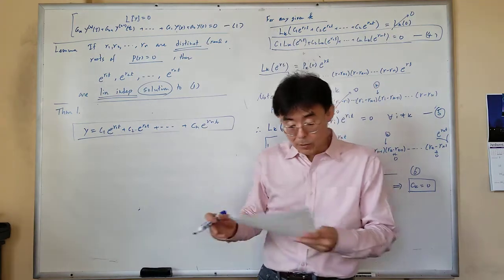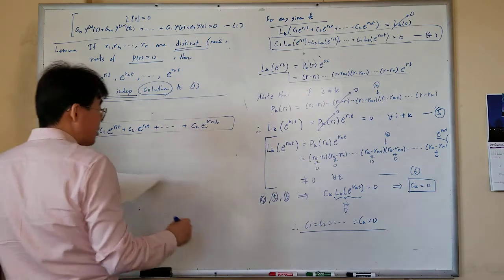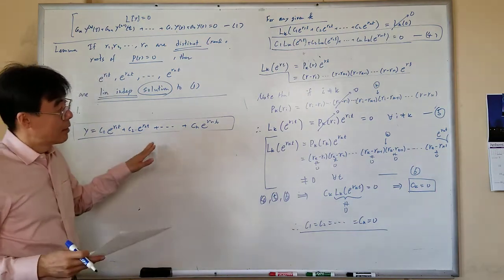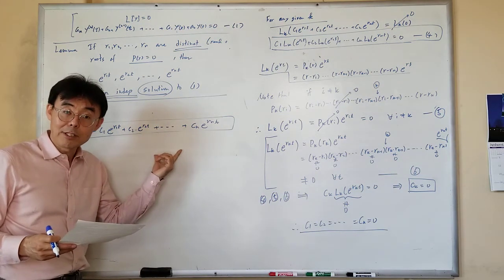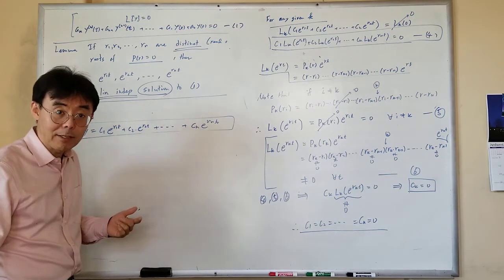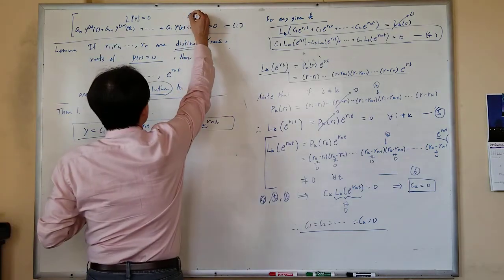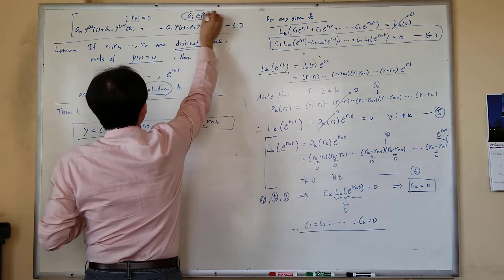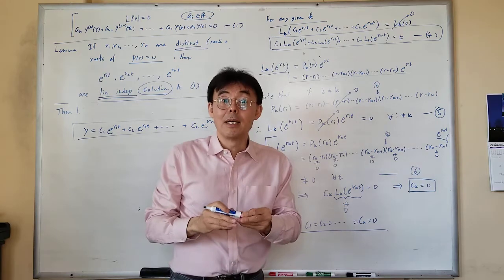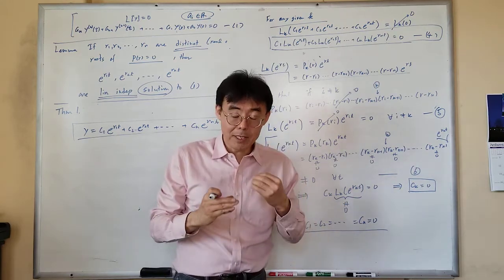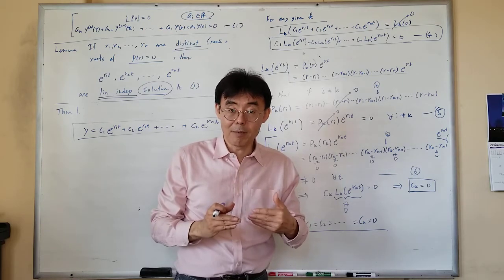And just like the second order case, if some of them are imaginary roots, then they always come in complex conjugate pairs. That is a well-known fact, because we consider all these a_i to be real numbers. When you have a real coefficient n degree equation, and if you have an imaginary root, they come in complex conjugate pairs.